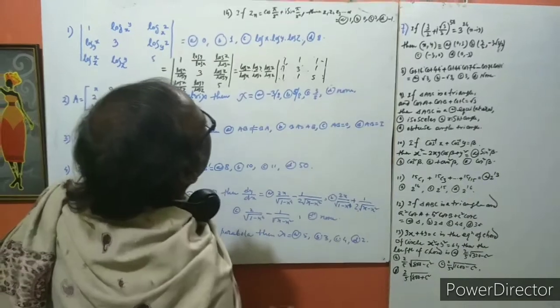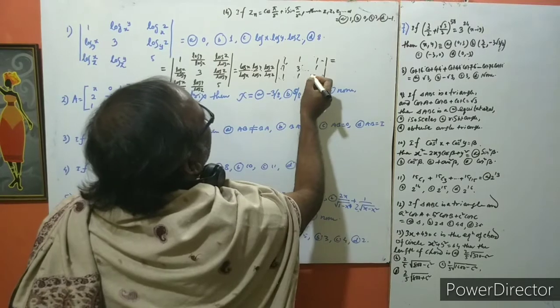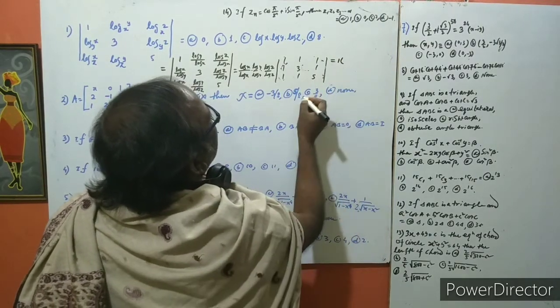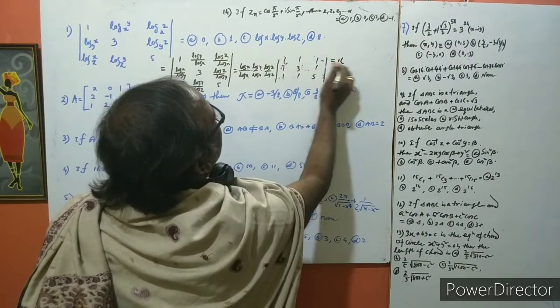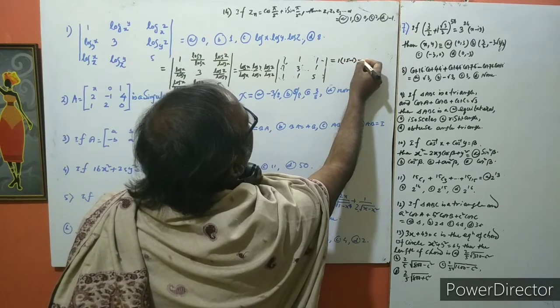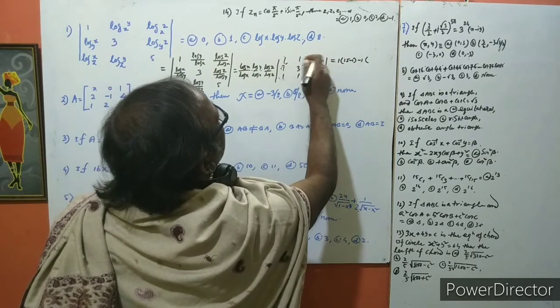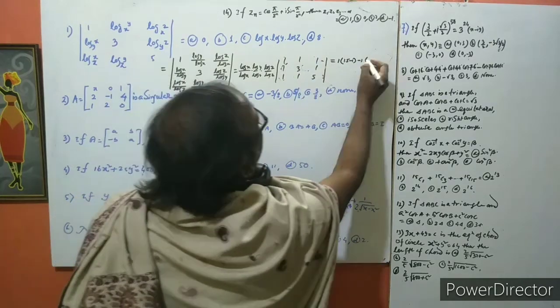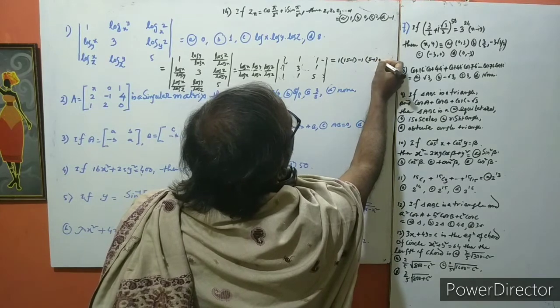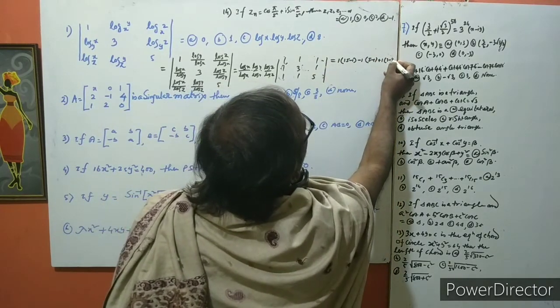Okay. Now expand this. Expand this, then we get here like take a common 1 and this 15 minus 1. This is 15 minus 1 here and 1. We take this column and this is 5 minus 1. Okay, and again this is 1 minus 3.